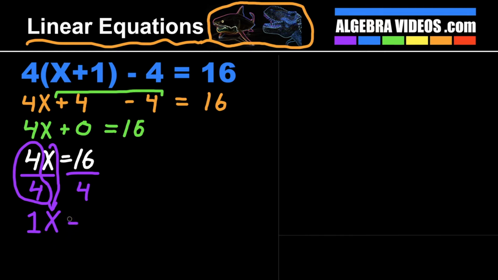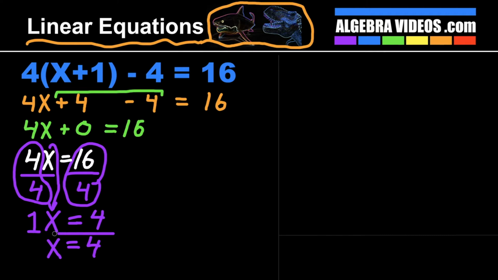And then that equals, on the right side, 16 divided by 4. 16 divided by 4 is 4. That's it. 1x equals 4. So now we'll just simplify this term and just say x equals 4.